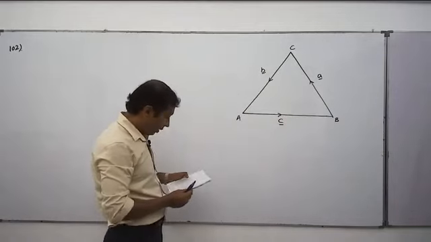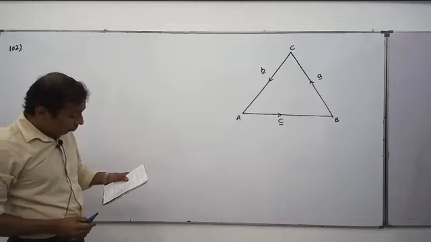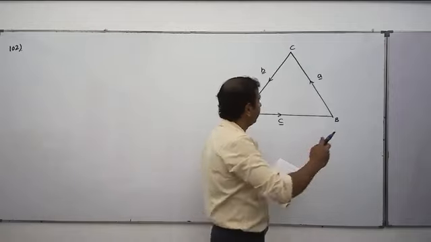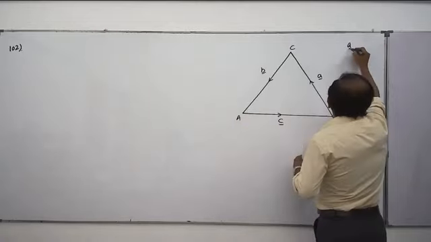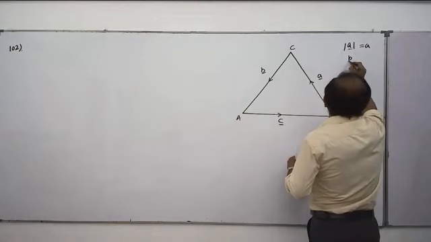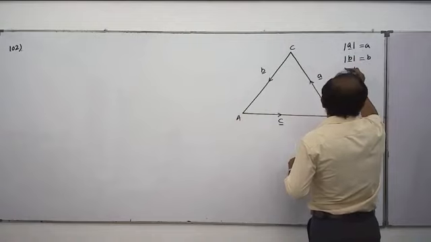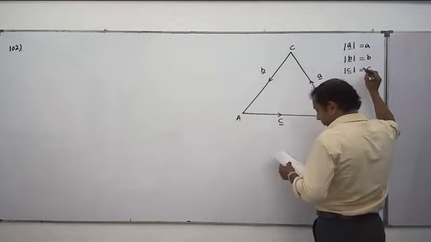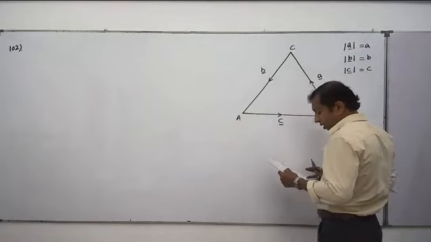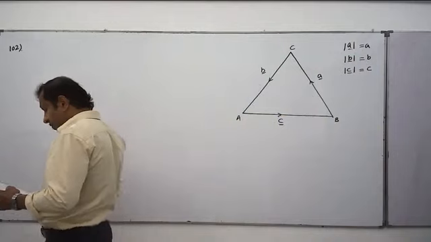And we are given modulus of simple A vector is A, modulus of simple B vector is B, modulus of simple C vector is C. Prove that vector A plus vector B plus vector C is equal to null vector.